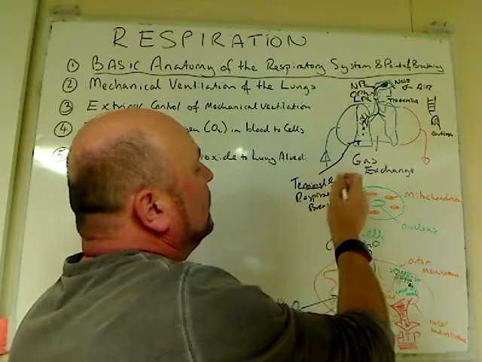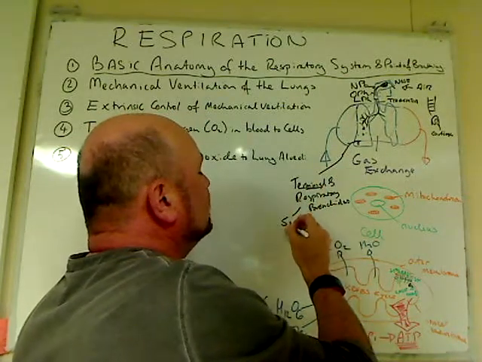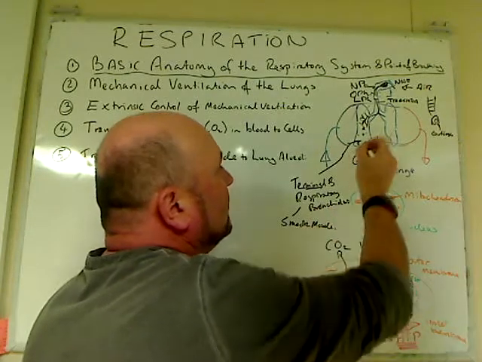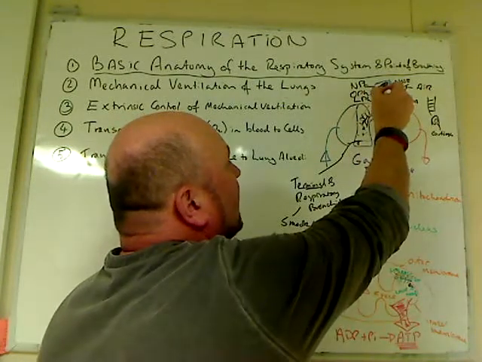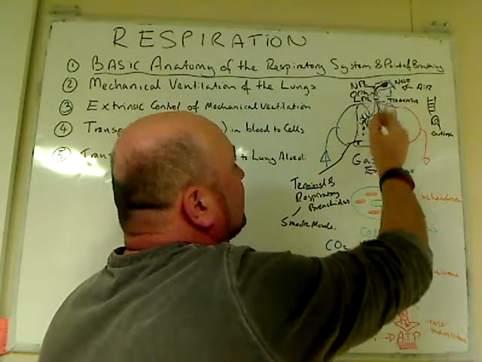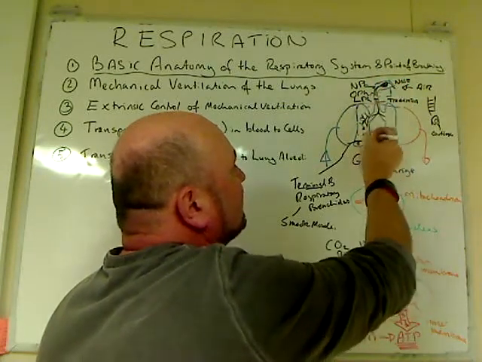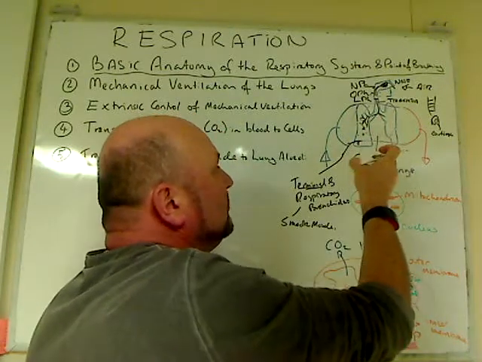Once we hit that point, we have smooth muscle. But up until that point, and above, through to the start of the trachea, this is all cartilage holding the tubes open, so this is an open system.